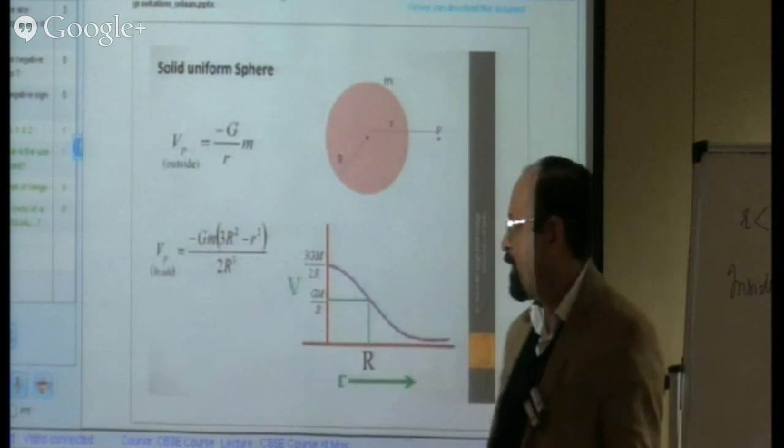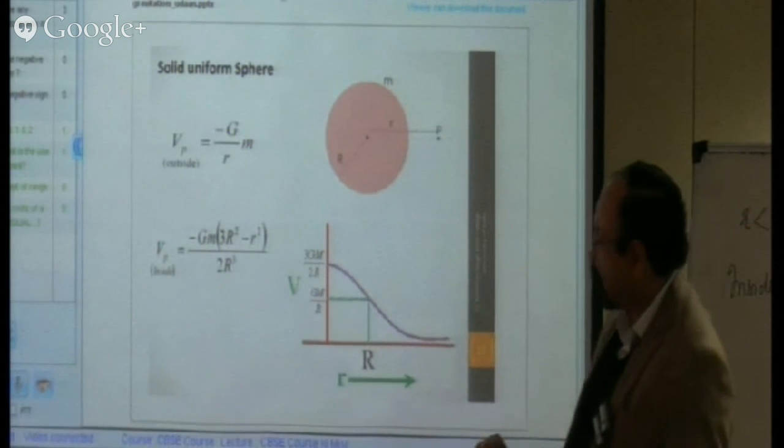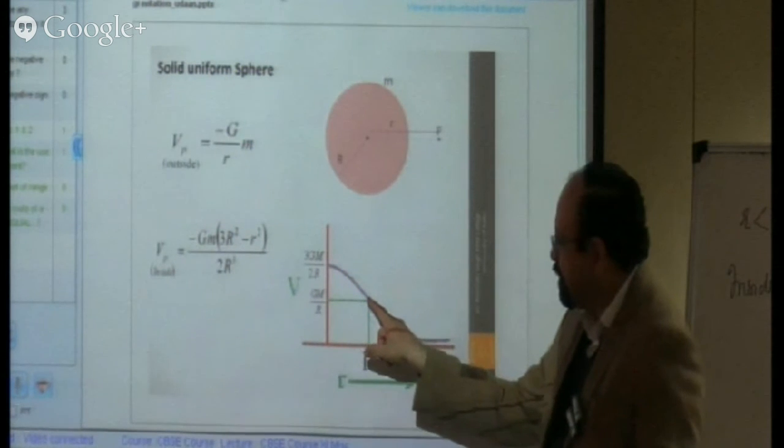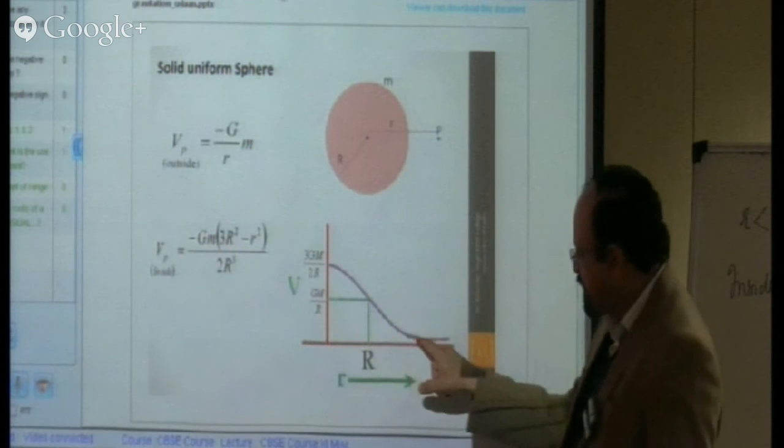Remember it. And the pattern of variation goes in this way. Look, this is decreasing first of all up to the position which is the radius, and then further decreases like this.